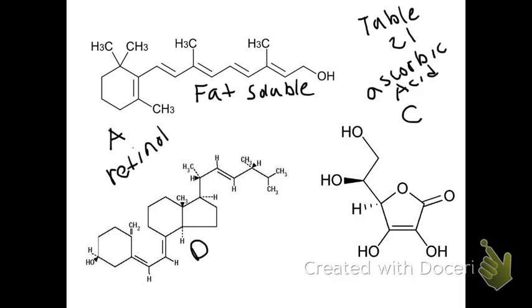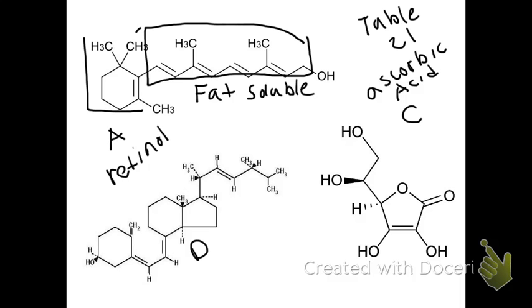And what makes it a fat-soluble vitamin is really this long hydrocarbon chain that you see right here. That makes it fat soluble, plus this ring structure here makes it fat soluble.